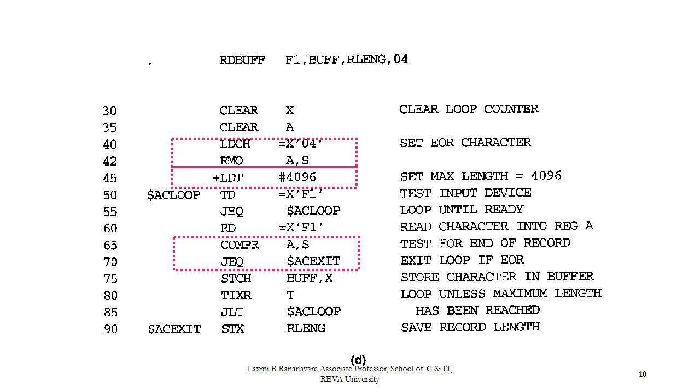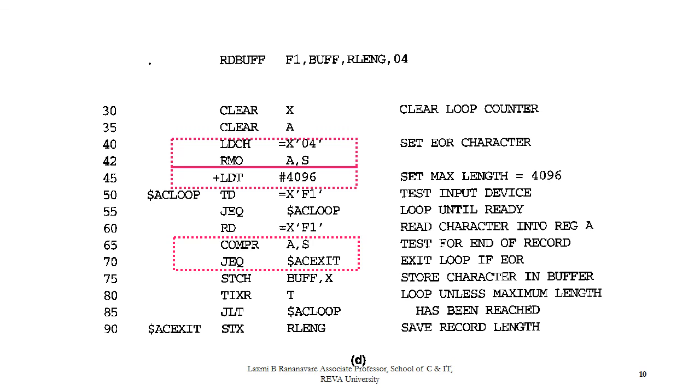Then the next statement is load the T register with 4096. Then test the device, that is the input device you are going to poll, that is F1. The address of the input device is F1, and that you are going to poll. If it is not ready, then you are going to stay in the loop, jump on equal to AC loop. If it is ready, then you are going to read a character from the input device F1, and that read character is now present in the accumulator.